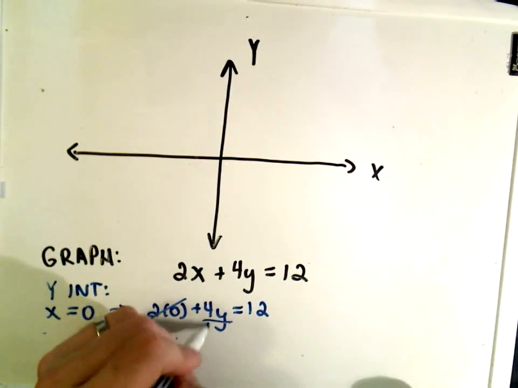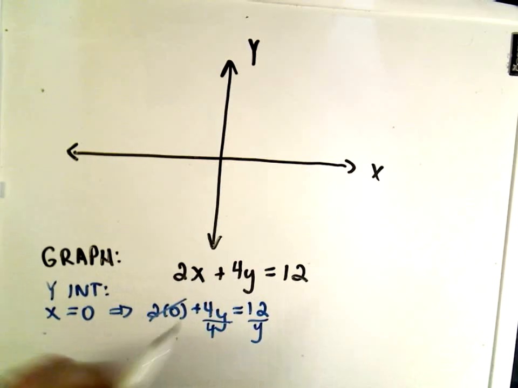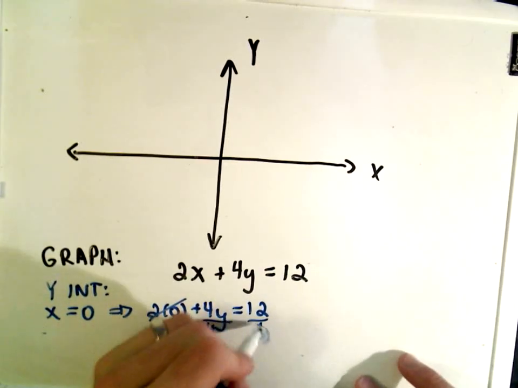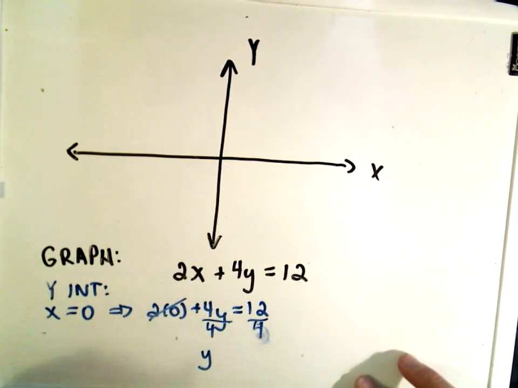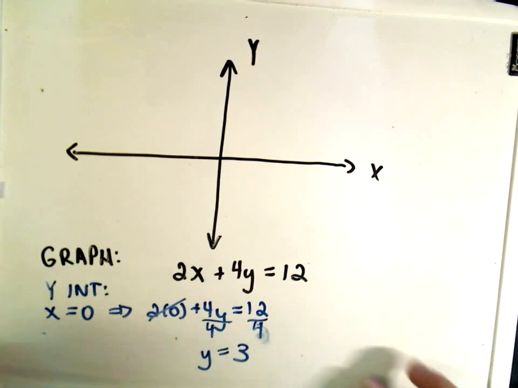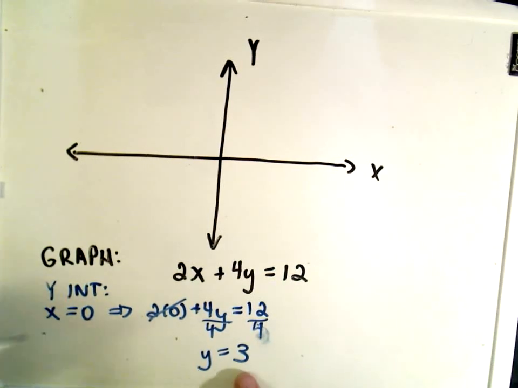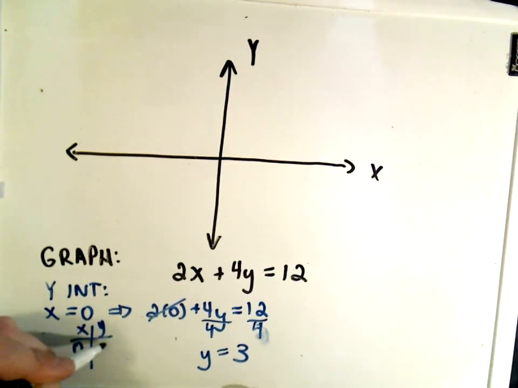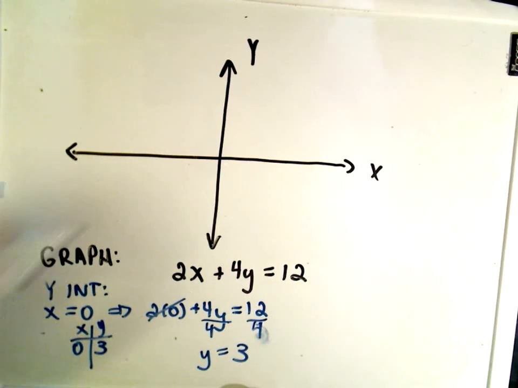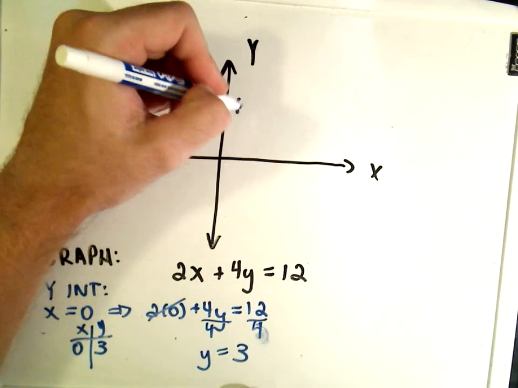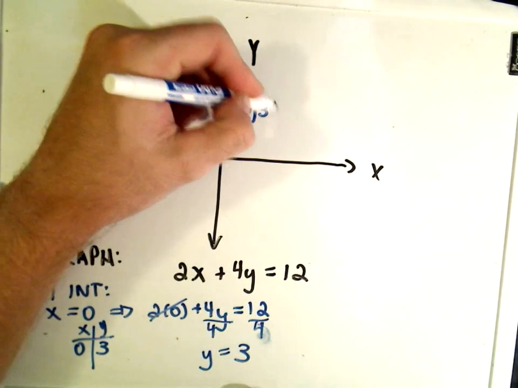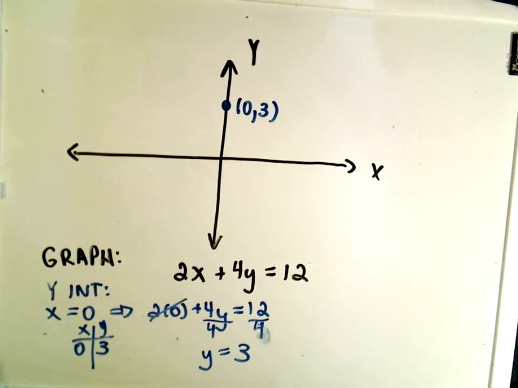If we divide both sides by 4, not by y, we get y equals 3. So when the x-coordinate is 0, we get 3 out. The point (0, 3) is a point on our graph.